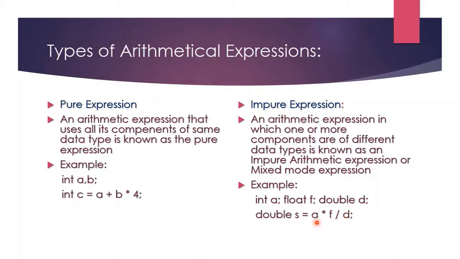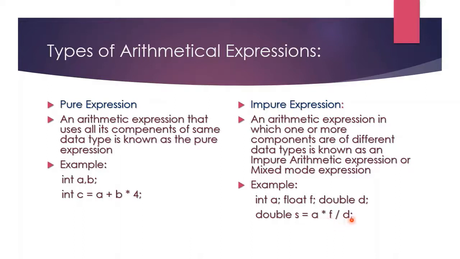If we consider this statement, we have an arithmetic expression a * f / d. Here a, f, d are variables, or we can call them components. These are all different data types. Here a is an integer, f is a float, d is a double.